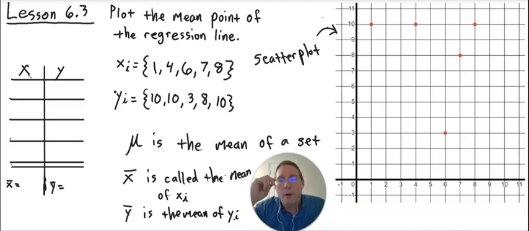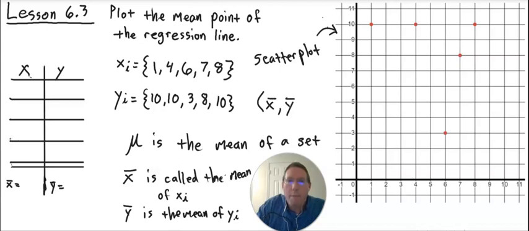And so here's what we do. This is what you're going to do, so just pay attention. You're going to identify the mean of the x set. Then you're going to identify the mean of the y set. And then you're going to identify a coordinate, and that coordinate is going to be (x bar, y bar).